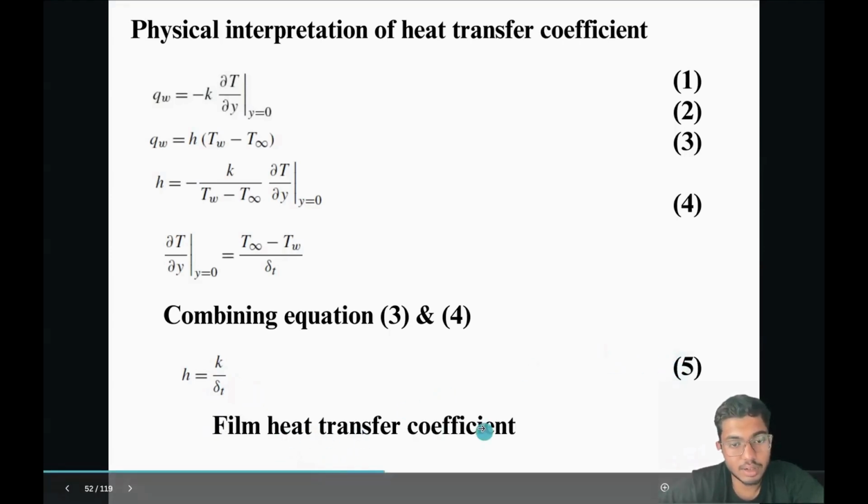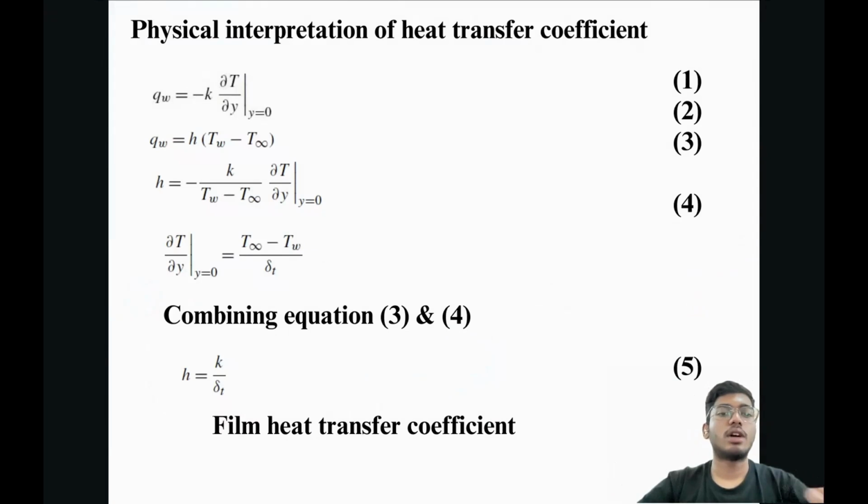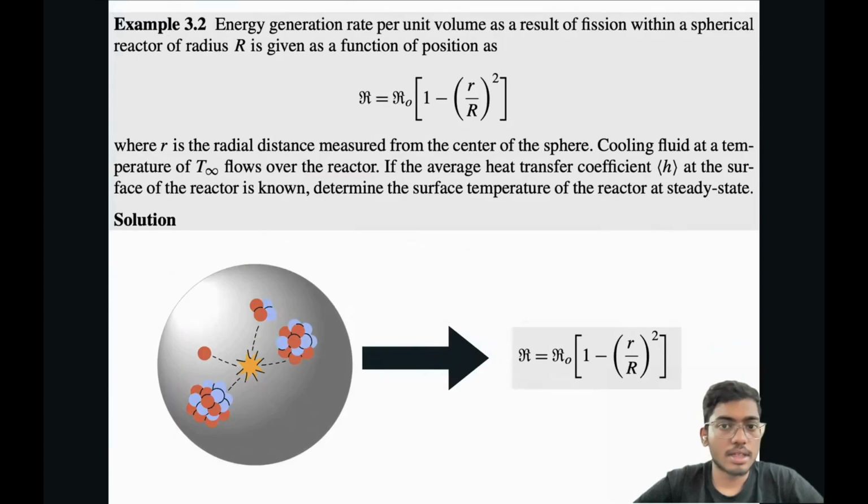Film heat transfer coefficient. So after completing our discussion on the physical interpretation of heat transfer coefficient, let us dive into an example. So this is a very good example. Energy generation rate per unit volume as a result of fission within a spherical reactor of radius r is given as a function.